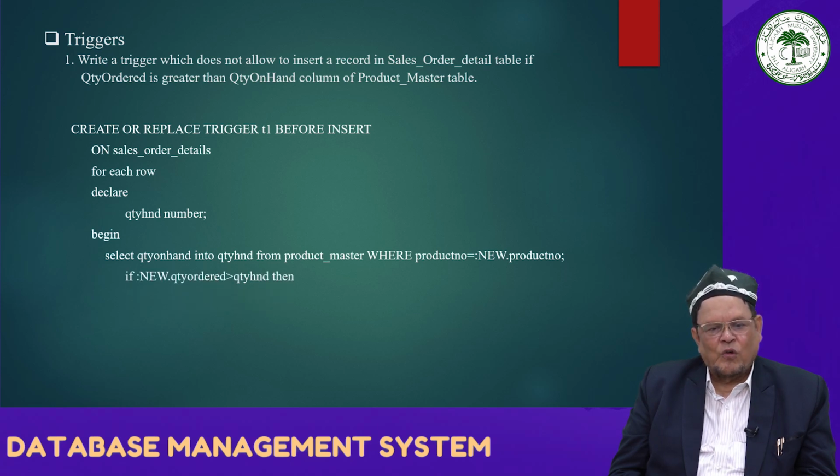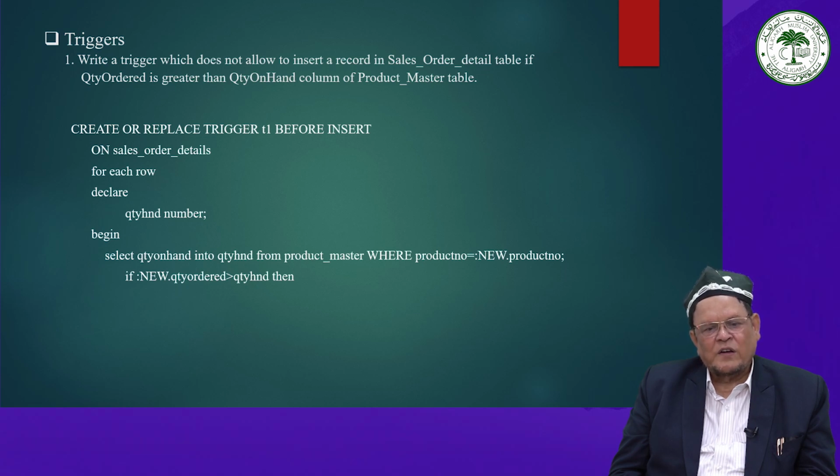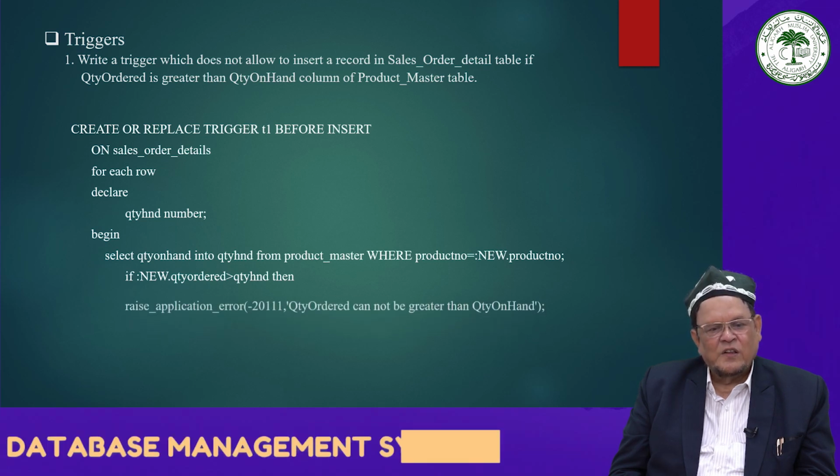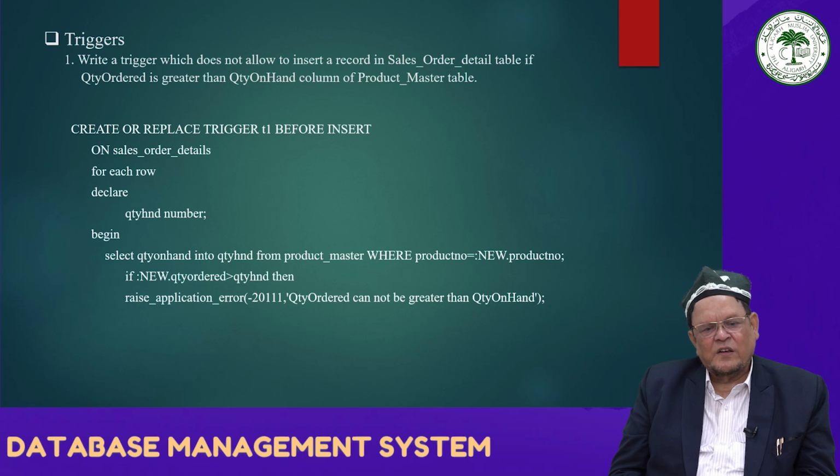If new quantity ordered is greater than quantity hand, because the question is that if quantity ordered is greater than quantity on hand, so here you put the condition, then raise application error 20111, quantity ordered cannot be greater than quantity on hand. And end if, then you have to write end.